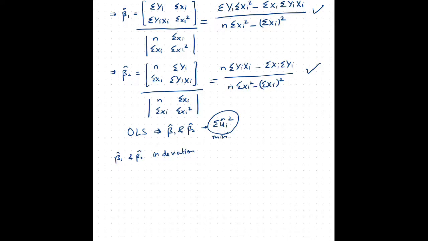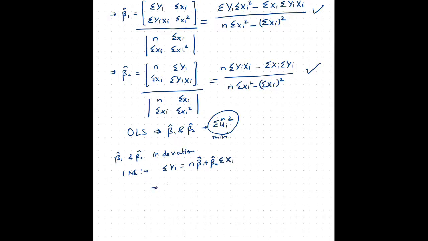From the first normal equation we have summation yi equals n beta 1 hat plus beta 2 hat summation xi.